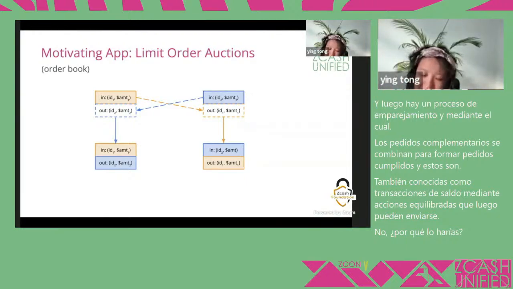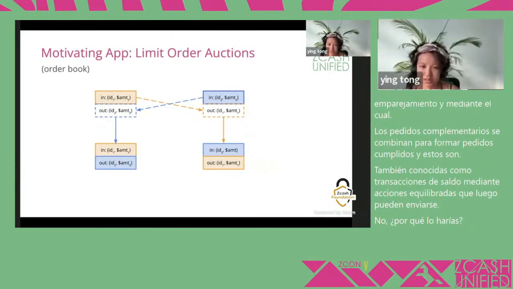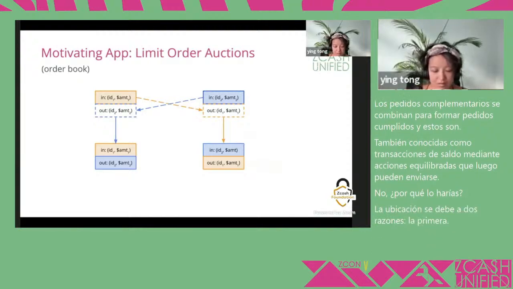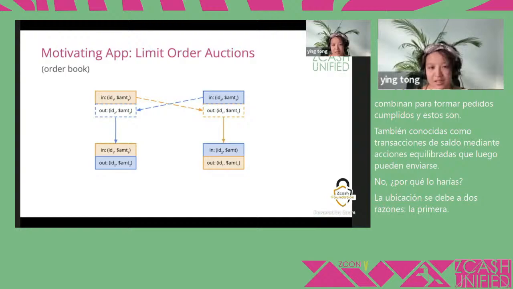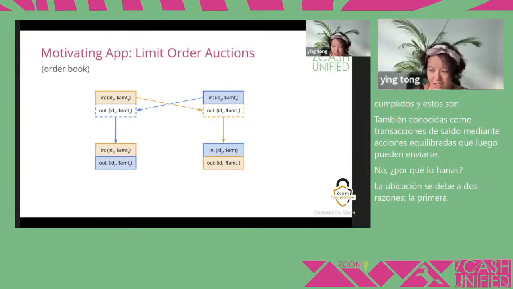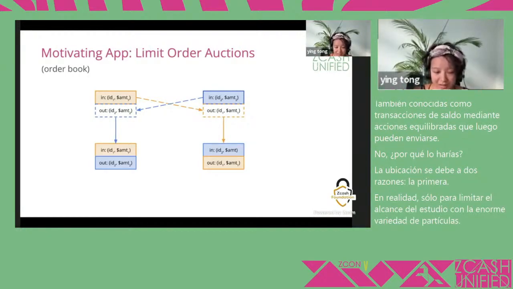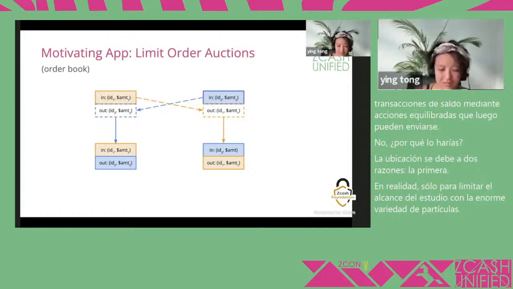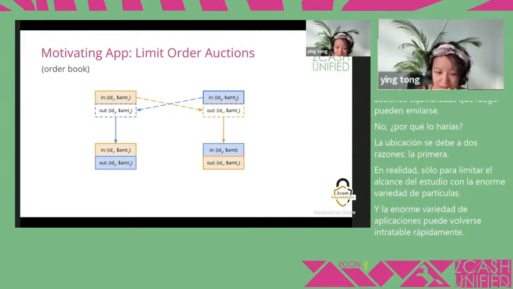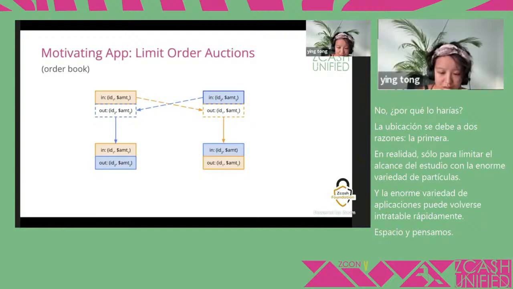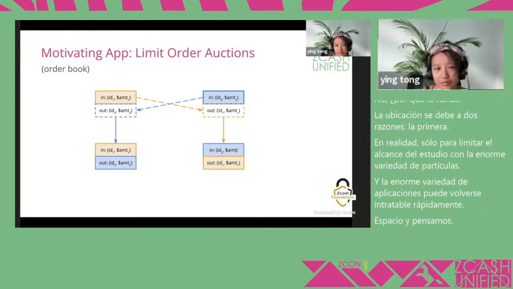The first is really just to limit the scope of the study. With the huge range of protocols and the huge range of applications, it can get quickly intractable to survey the space. And we think limit order auctions are of interest to almost everyone in DeFi.